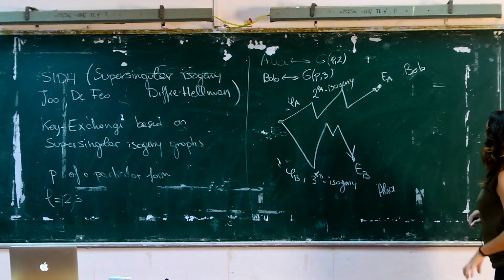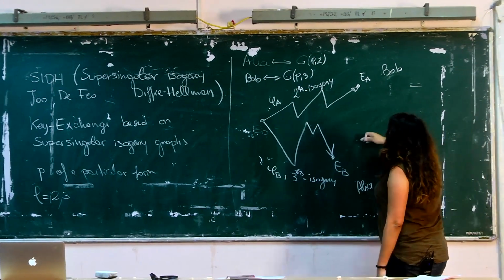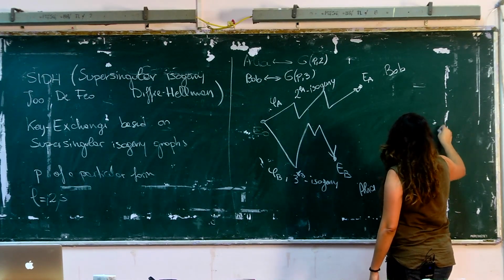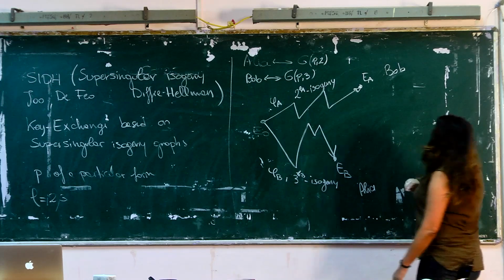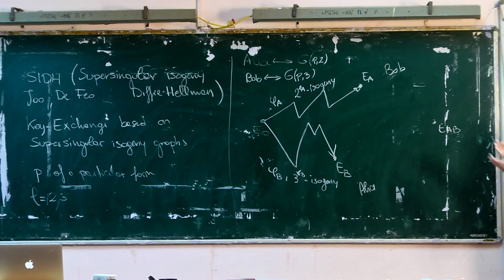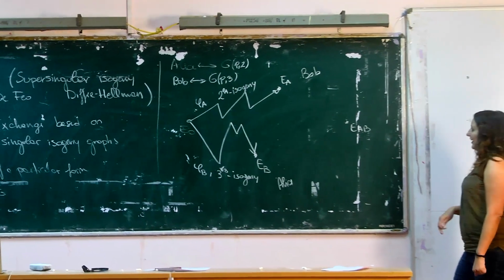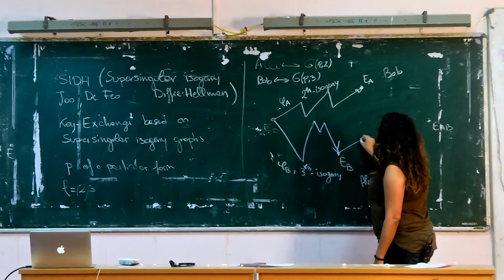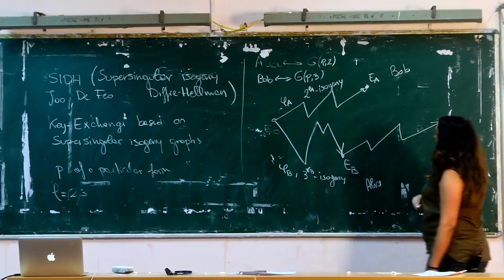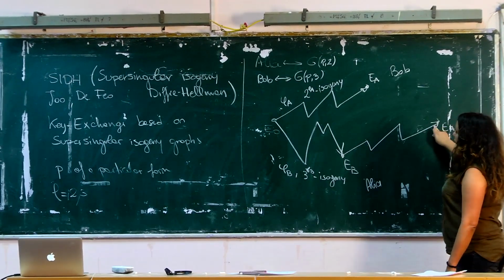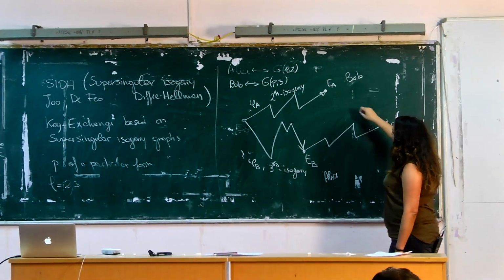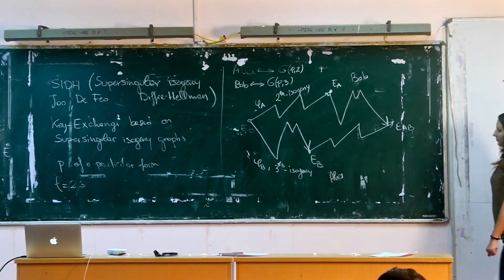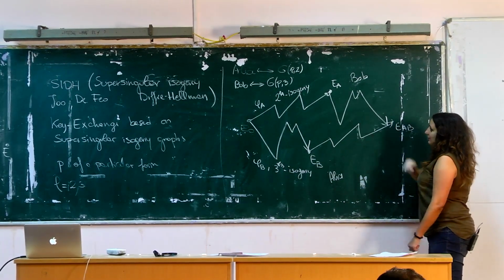Okay? The question is, can they perform some walks in a way to arrive at the same vertex at the end? And yes, Jao and De Feo proved that this is possible. So basically here, Alice will compute her isogeny on the 2-isogeny graph, and Bob will do the same in the 3-isogeny graph, okay?